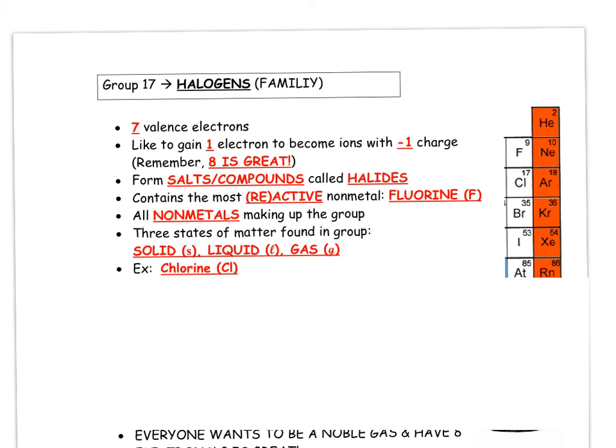So the metals, which are located on the left, the alkali metals, the alkali earth metals. Then we moved our way over to groups 3 through 12, which are the transition metals, and then we had 13, 14, 15, and 16, which are kind of moving towards the nonmetals. They have both metals and nonmetals in them. And then we have halogens, which are entirely nonmetals, and noble gases, which are entirely nonmetals.